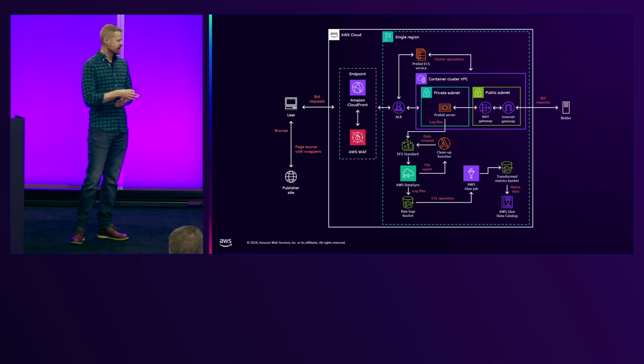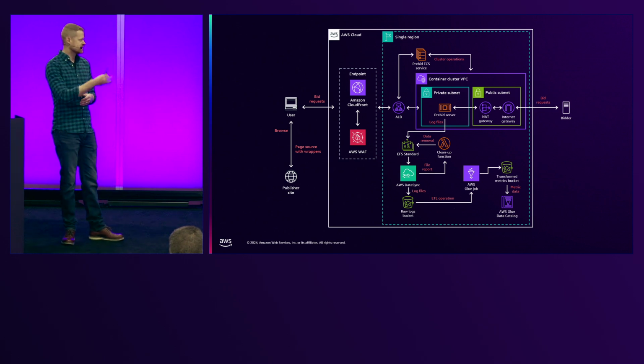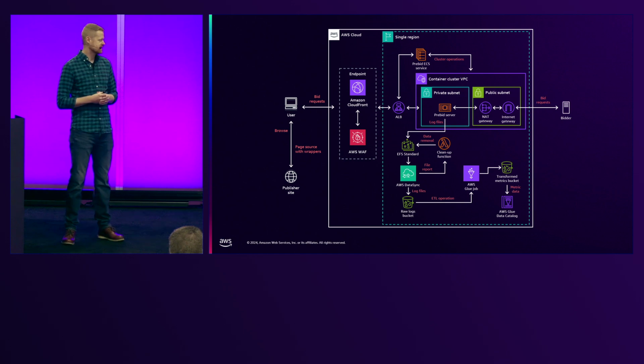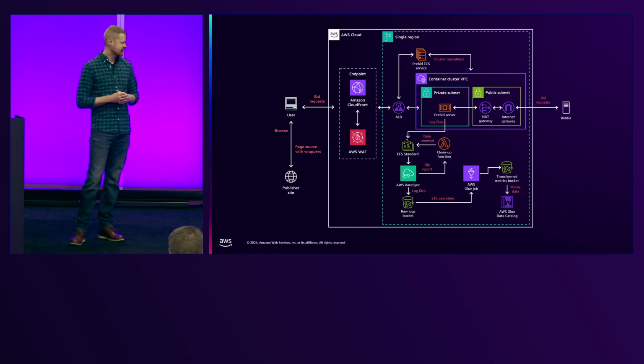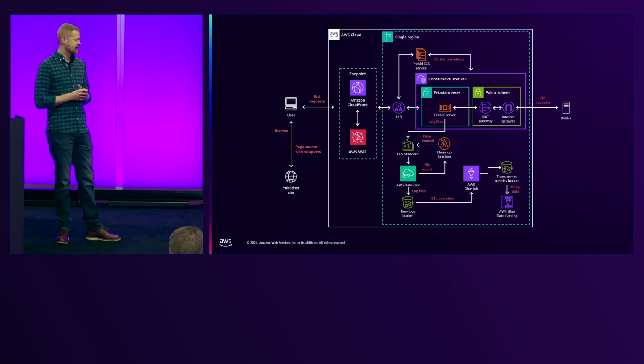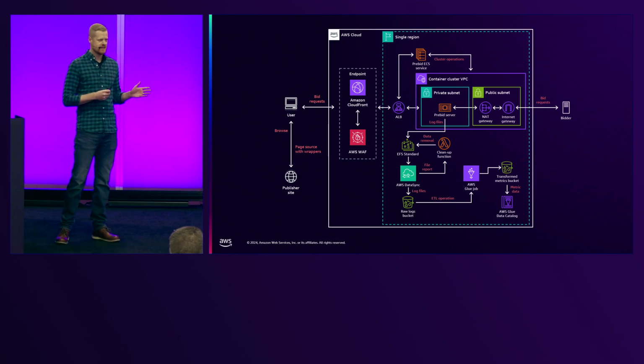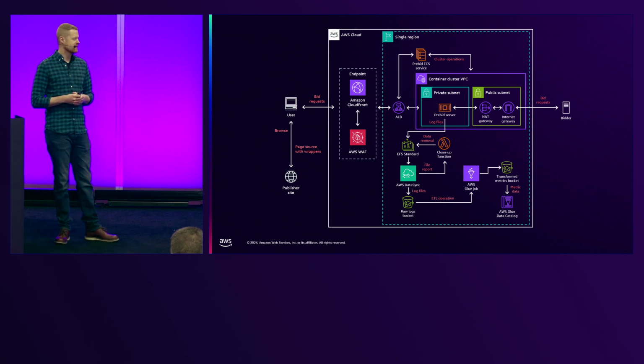Those metrics will flow out into an EFS volume, and then we'll periodically transfer those logs to an S3 bucket using AWS DataSync. At that point, an AWS Glue job will pick it up, do an ETL, and ultimately the metrics end up in the AWS Glue catalog. And at that point, you can access your log metrics through Athena.